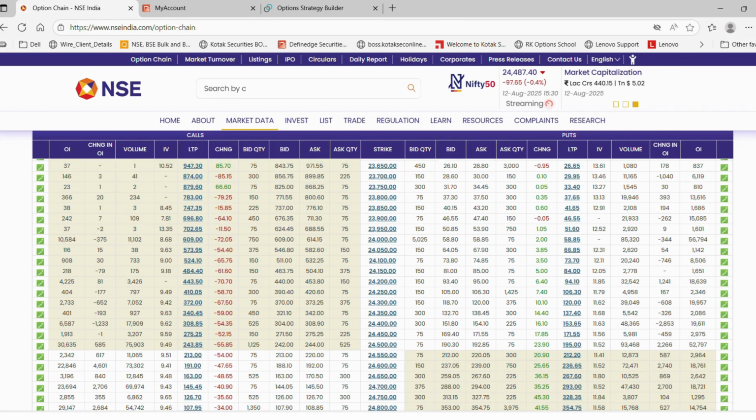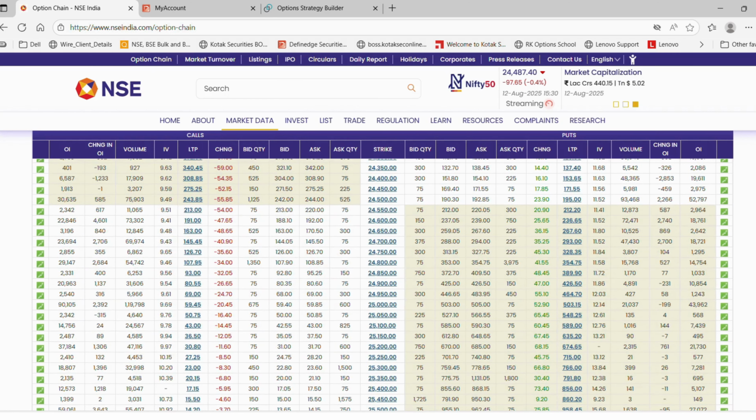The ones which you can see marked in cream are your in the money strike prices for the call, and the ones below this are out of the money strike prices for the calls. Same way on the put side, the ones above which are in white are out of the money, and the ones in cream are again in the money. So this is where you get the data.